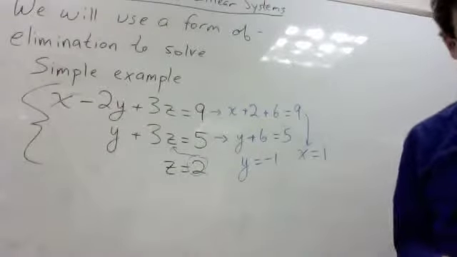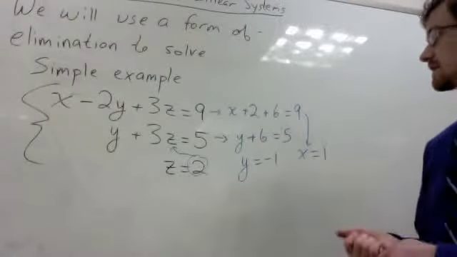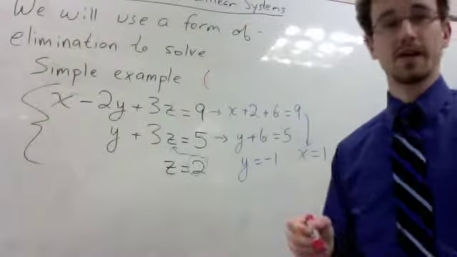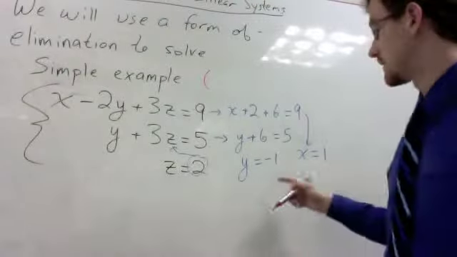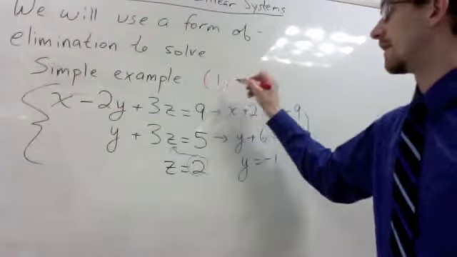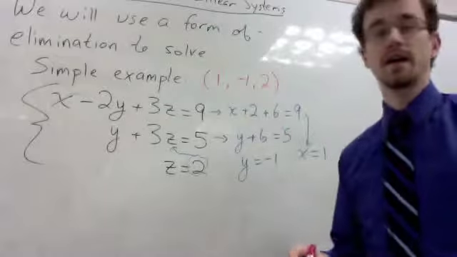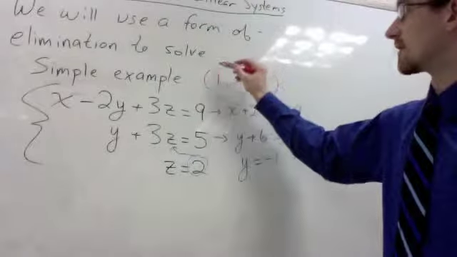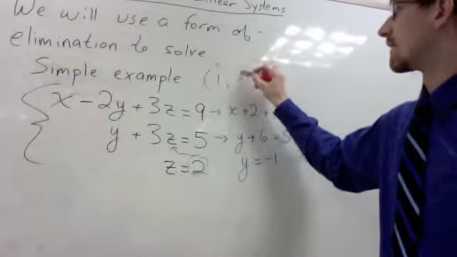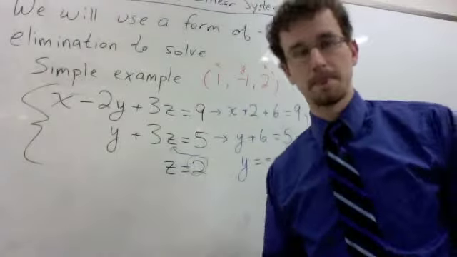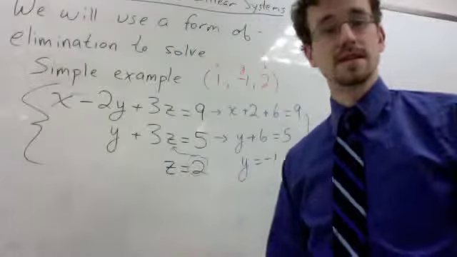So the solution to this system of equations is the ordered triple, not an ordered pair anymore because there are three variables. It's the ordered triple 1, -1, 2. And as you would expect, the first value is x, the second value is y, and the third value is z.